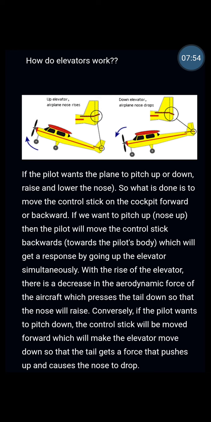How do elevators work? And this is the picture of elevator. Up elevator, airplane nose raises. Down elevator, airplane nose drops. If the pilot wants the plane to pitch up or down, raising and lowering the nose, what is done is to move the control stick in the cockpit forward or backward.